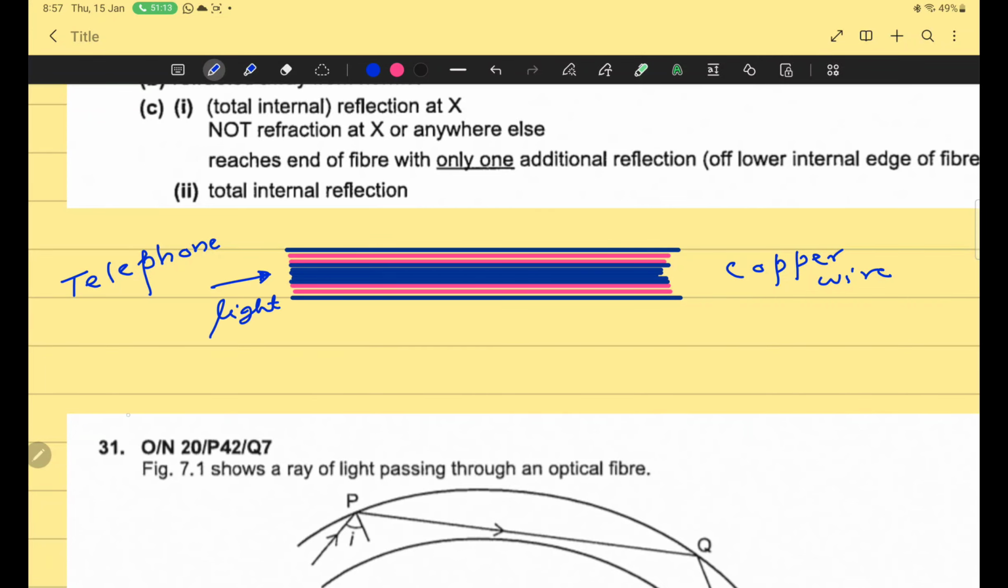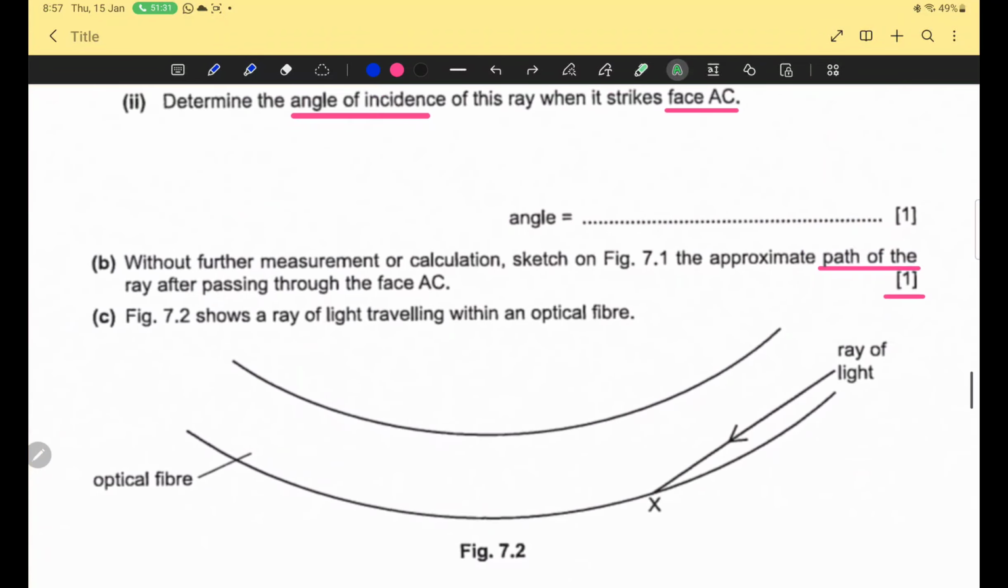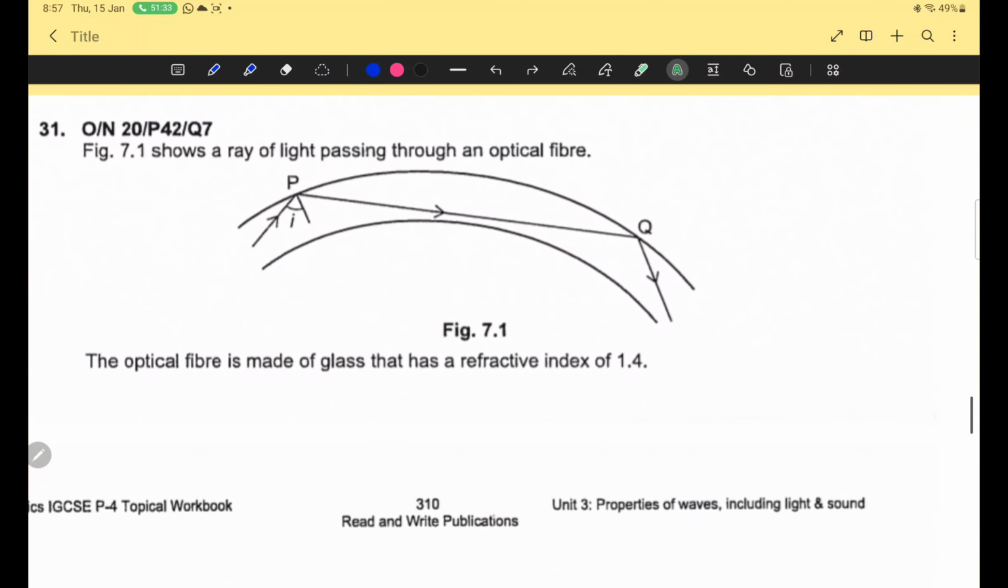Optical fiber is a transparent wire, and through this wire light can pass. And when light enters, the light exhibits total internal reflection.